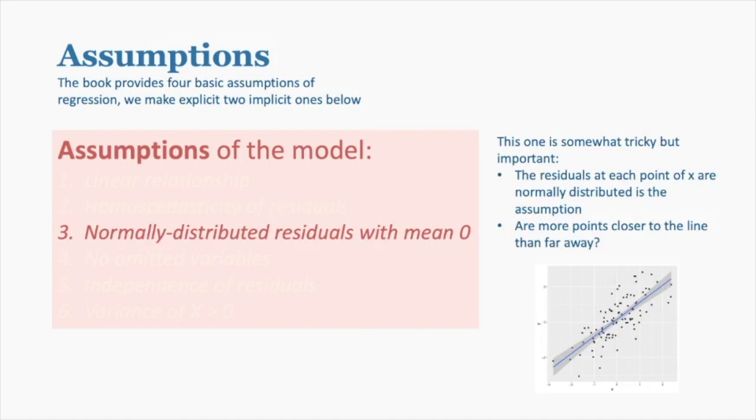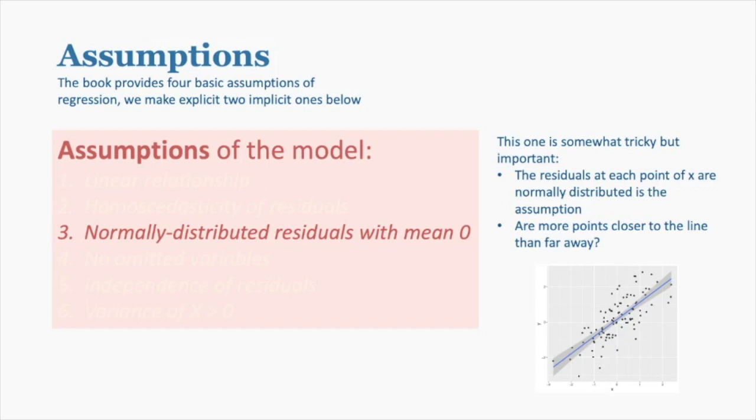The normally distributed residuals with a mean of 0, this one is somewhat tricky by just eyeballing it. We actually have a special way that we're going to look at it in just a sec. But the idea is that the residuals at each point of x are normally distributed around the line.